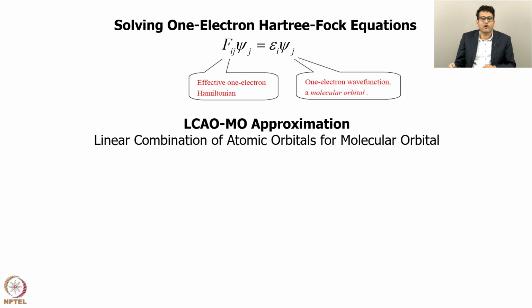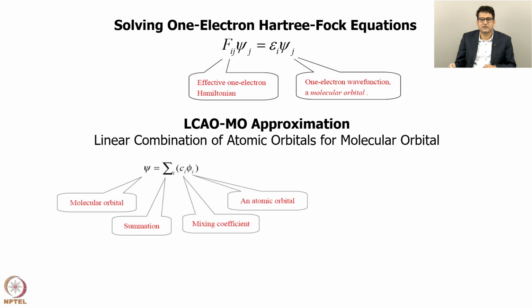Now Hartree-Fock is nothing but the LCAO-MO approximation, a linear combination of atomic orbitals to get molecular orbitals. So this psi here are my molecular orbitals, and I will express them as a linear combination of atomic orbitals. The atomic orbitals are phi_i, and C_i is the mixing coefficient.